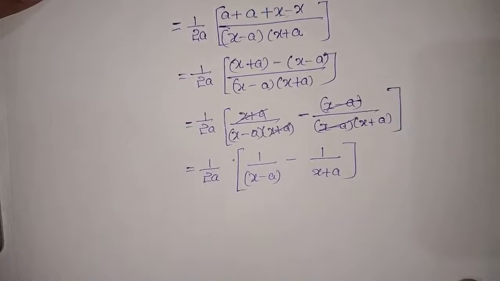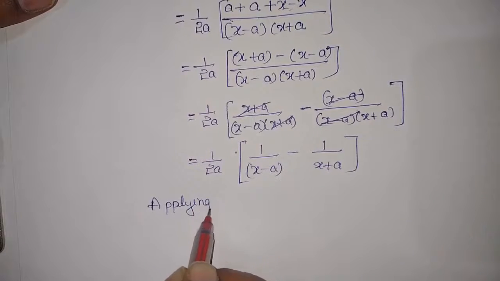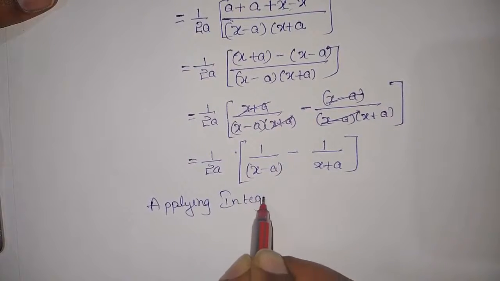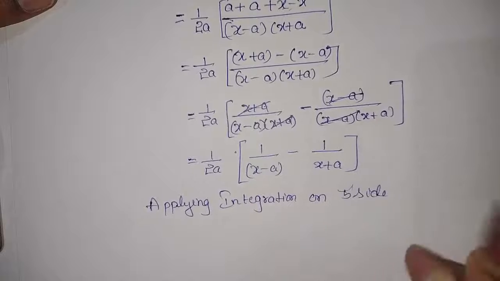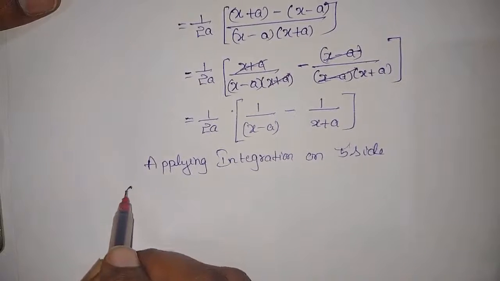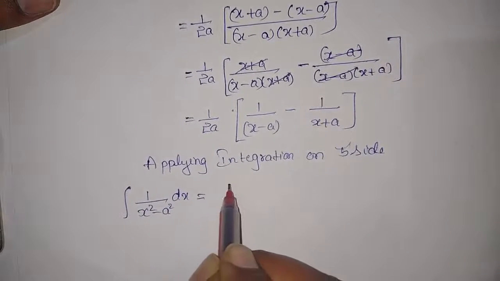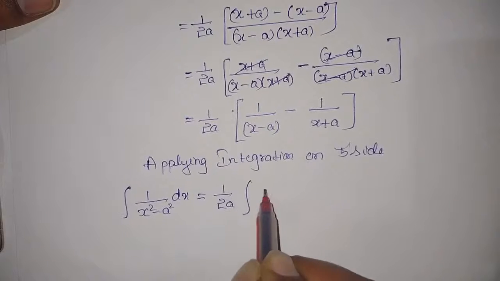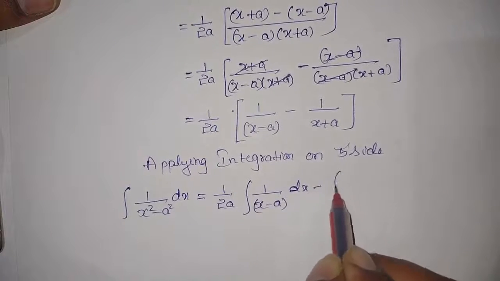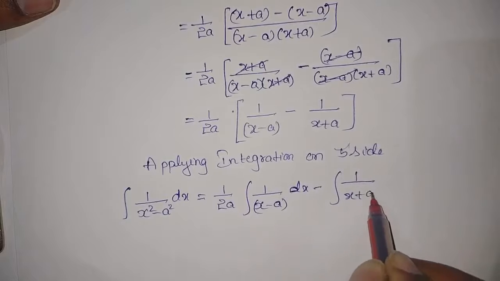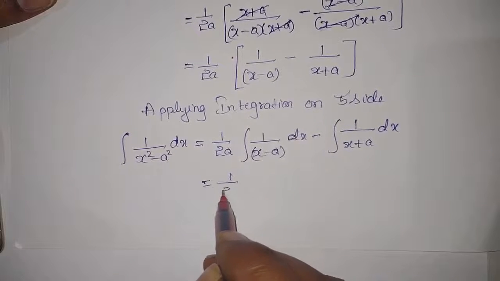Is it right? So applying integration on both sides. Integration of 1 by x square minus a square into dx is equal to 1 by 2a, integration of 1 divided by x minus a into dx minus integration of 1 by x plus a into dx. Clear? It is also equal to 1 by 2a.